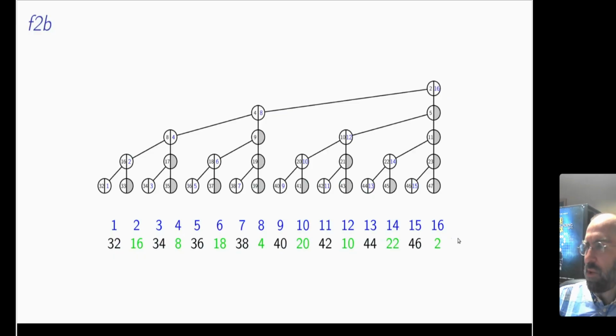We can see why that happens, because we keep the same structure of the tree. When we add one more level, we end up interleaving these new even values with the values that already existed.